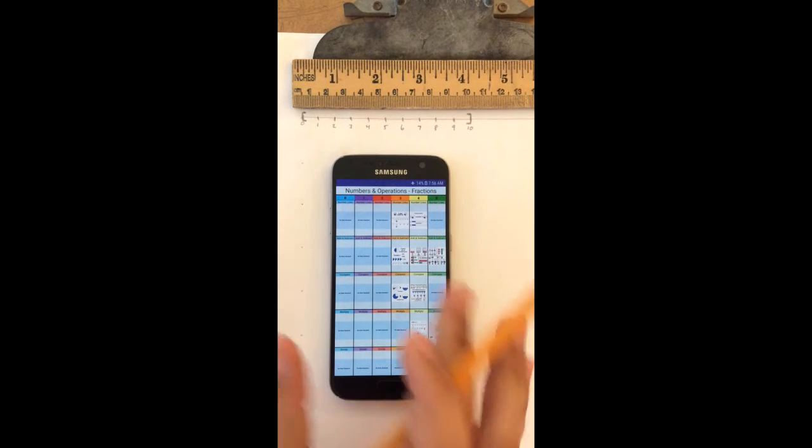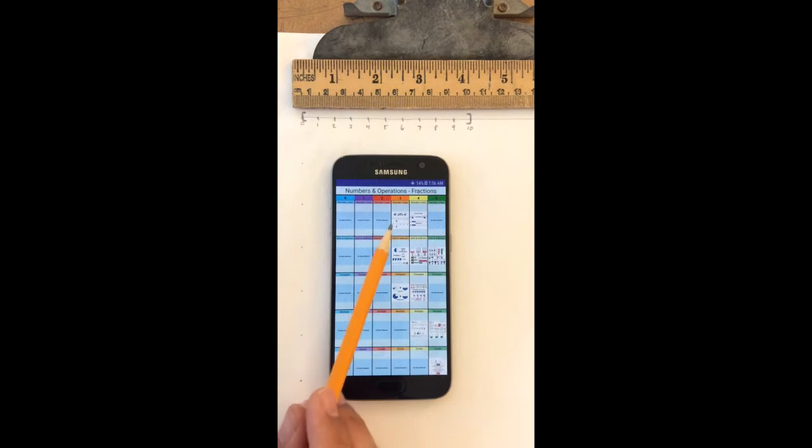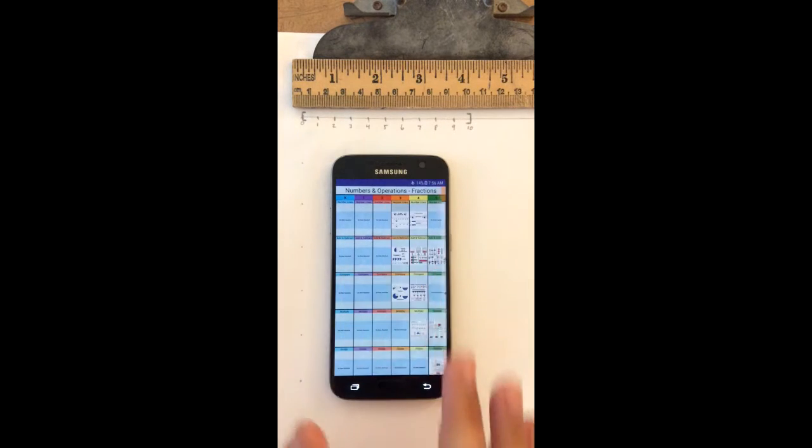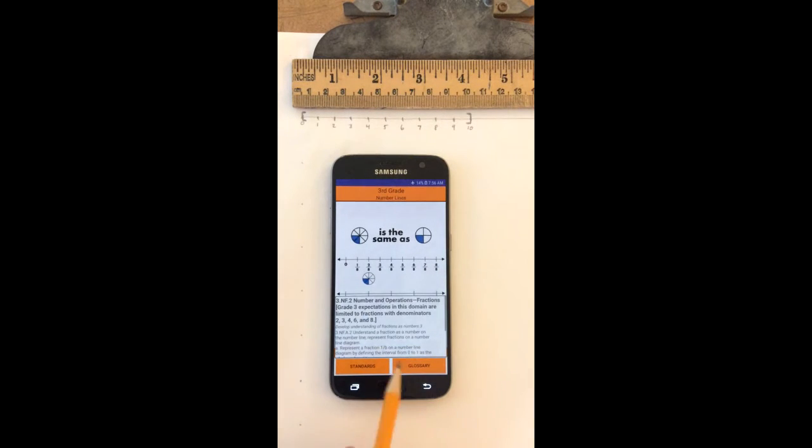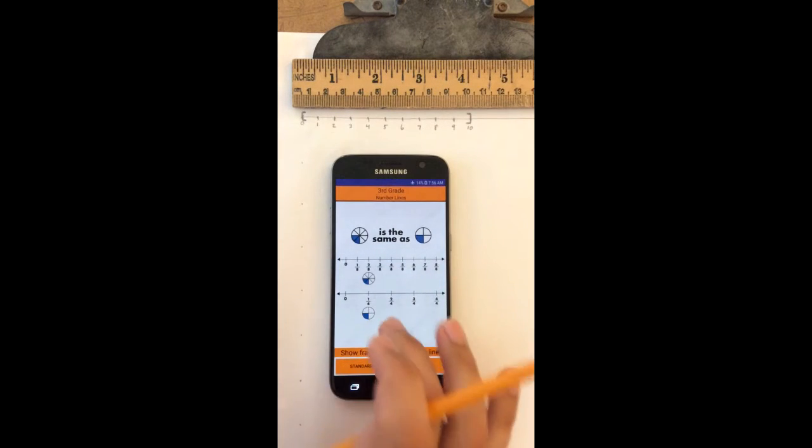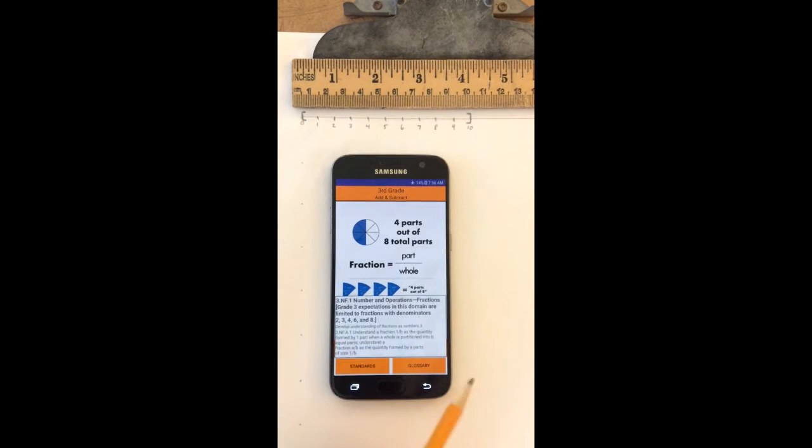So in third grade, it starts with these three skills. That's it. Number lines, adding and subtracting, and comparing. And a lot of what third grade standards are focused on is understanding and representing. Each of these third grade standards really focuses on just understanding. Okay?